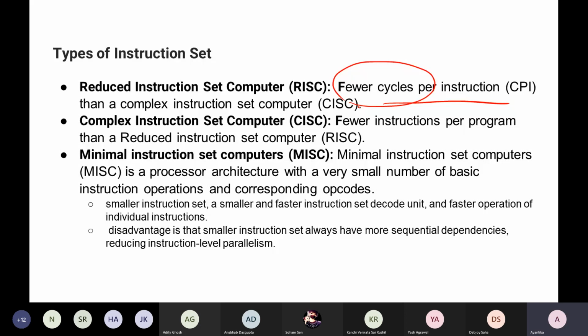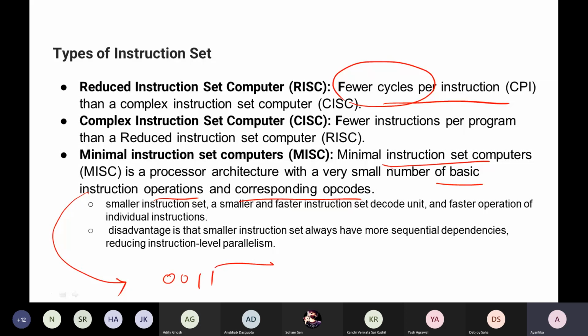Next comes the minimal instruction set computer. As the name suggests, this is a processor architecture with a very small number of basic instruction operations and corresponding opcodes. Opcode, if you do not know, is the code that represents your operation. That means in your processor, in your basic instruction architecture, maybe 0011 means add.